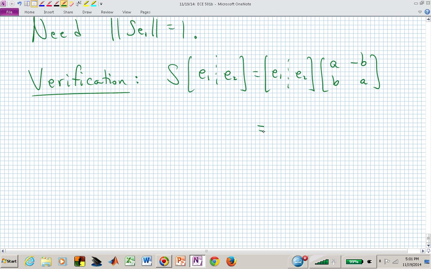If we now do the multiplication on the right-hand side, remembering that E1 and E2 are column vectors, then we take E1 and scale it by A and add to that a scaled version of E sub 2, which is scaled by B. That makes up the first column. The second column is minus BE1 plus AE sub 2.